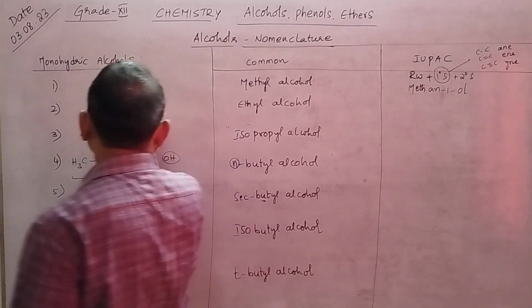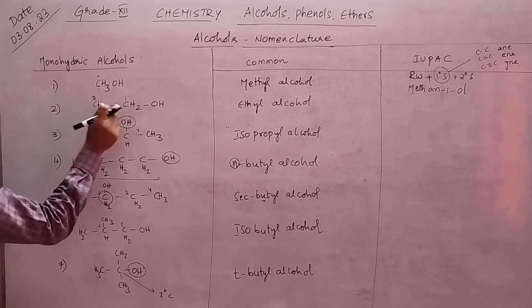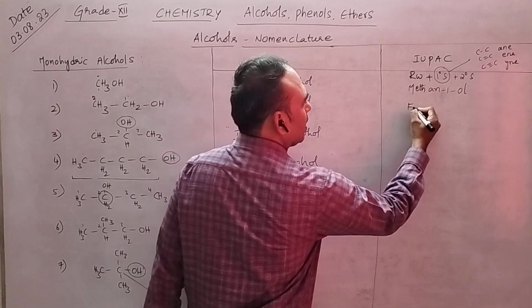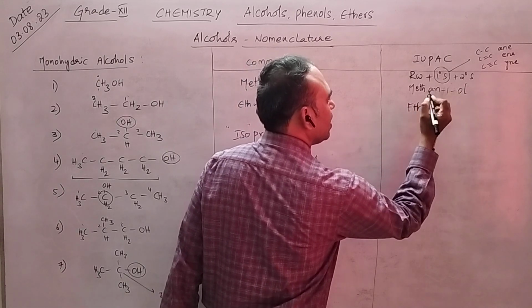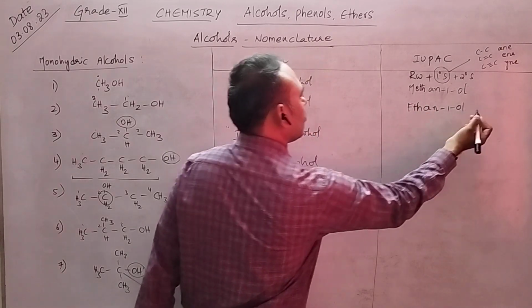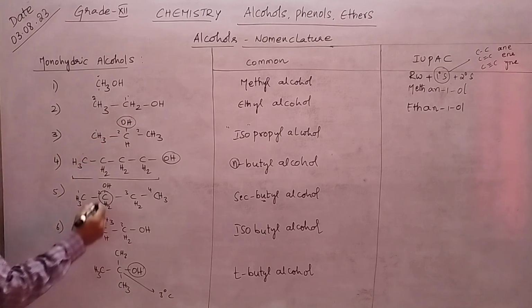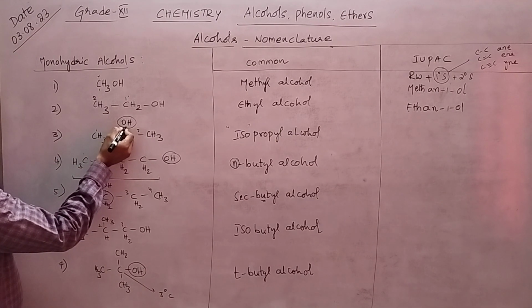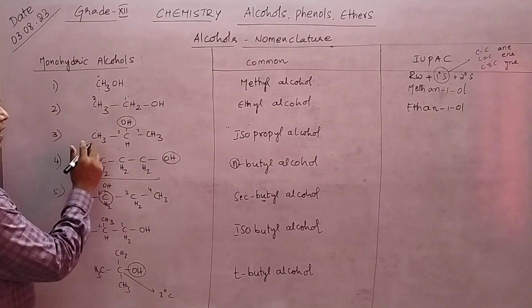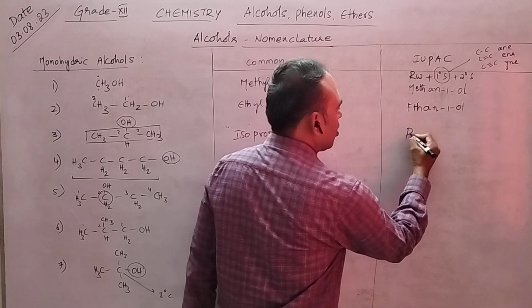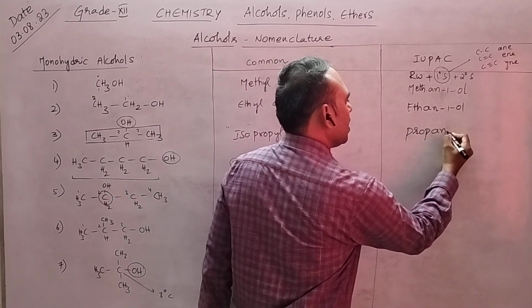Now this one, numbering is taken from the side of OH, so you have 2 carbons, so the root word will become eth, single bond, therefore ane, and again 1. So we can take it as ethane-1-ol or ethanol. Now numbering from here, you have given second position, you have OH, and the number of carbons is 3, so the root word is prop, ane.